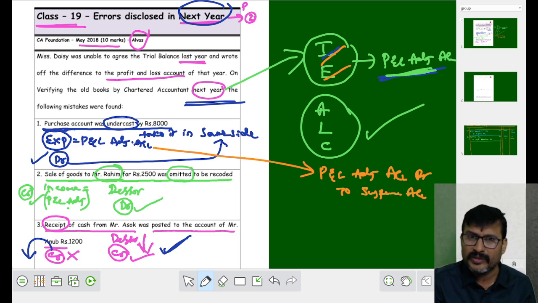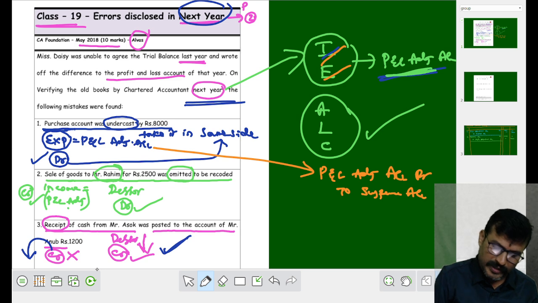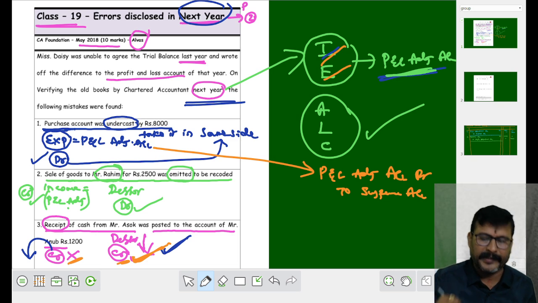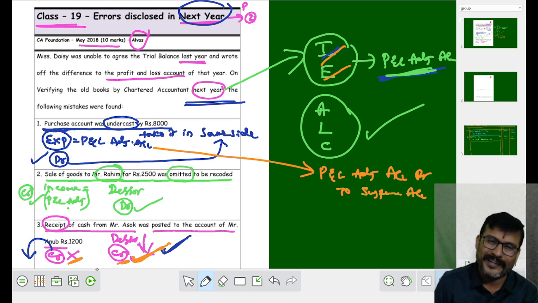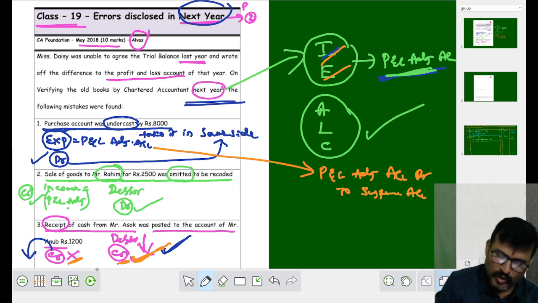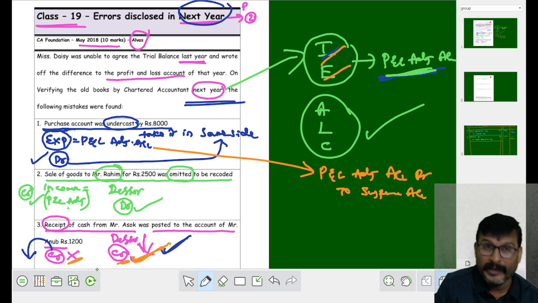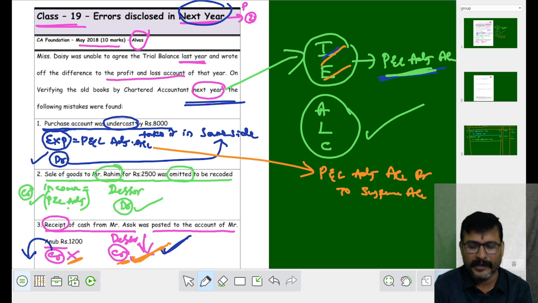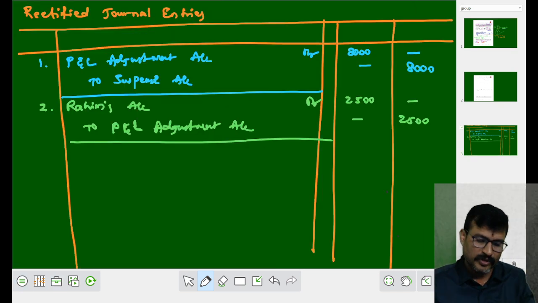No need to use it. Then what is your rectified entry? Use the same name. Ashok is to be credited. Anub is to be debited, because the wrong credit comes to the debit side. Now your entry will be Anub's account debit to Ashok's account.